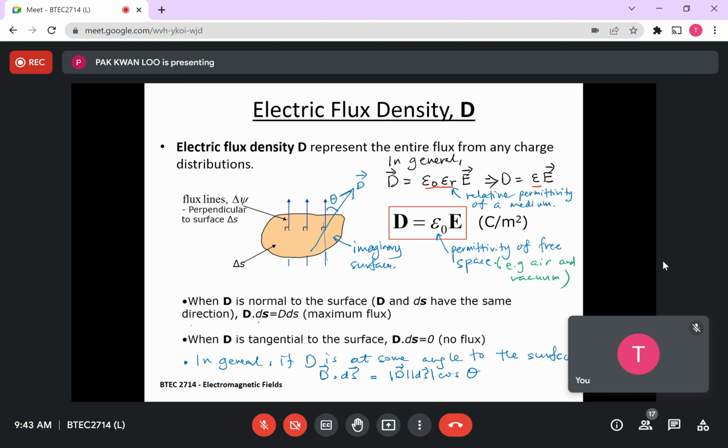And when D is tangential, that means the electric flux density direction is perpendicular to the direction normal to the surface, then it is zero.